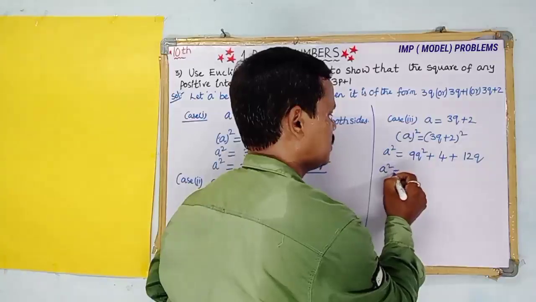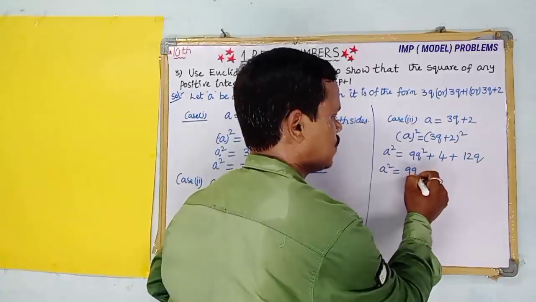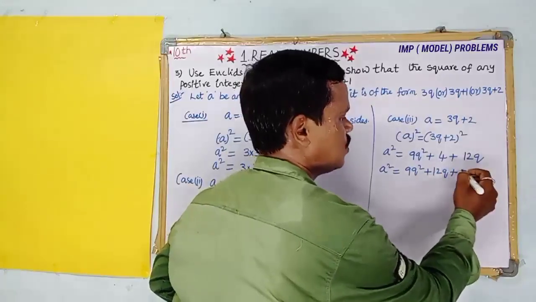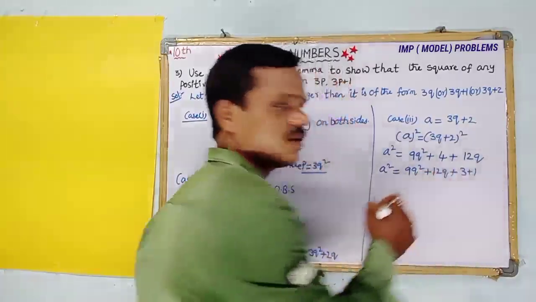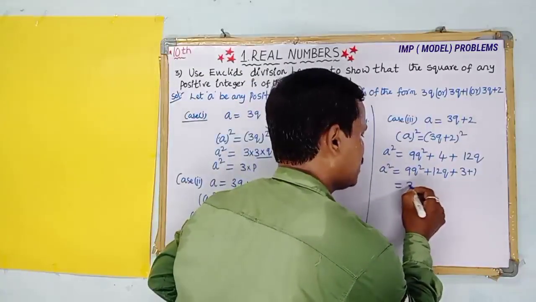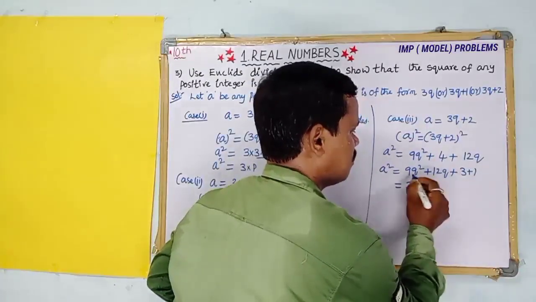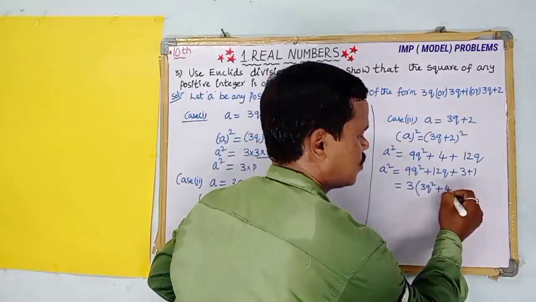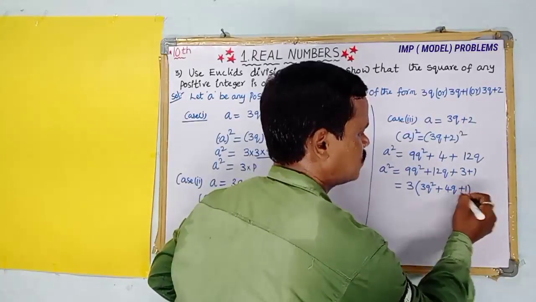a square is 9q square plus 12q plus 4. This 4 I am writing as 3 plus 1. Now first 3 terms I am taking 3 as common. Here 3q square plus 4q plus 1.